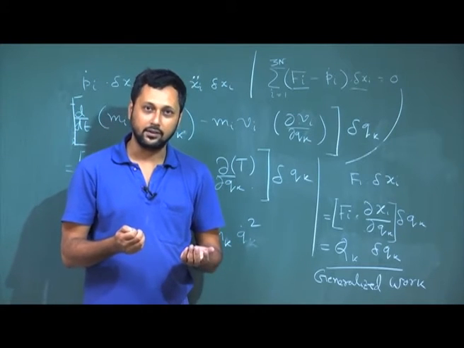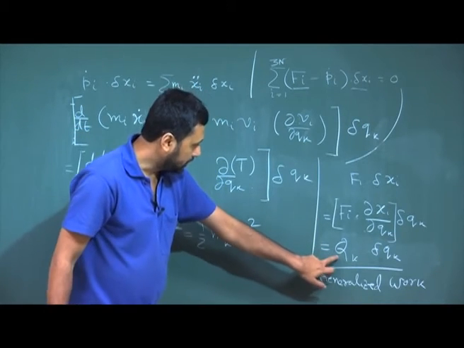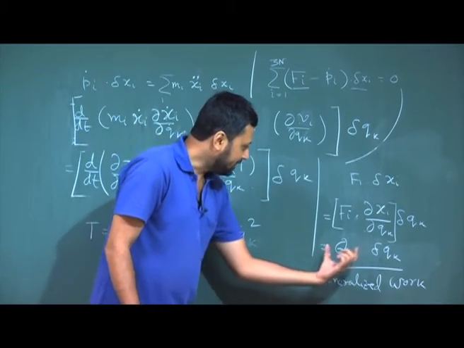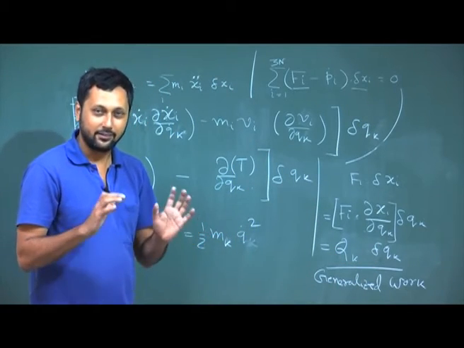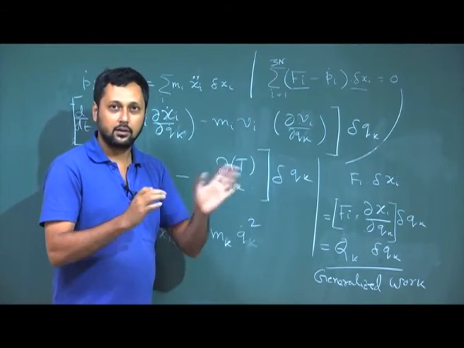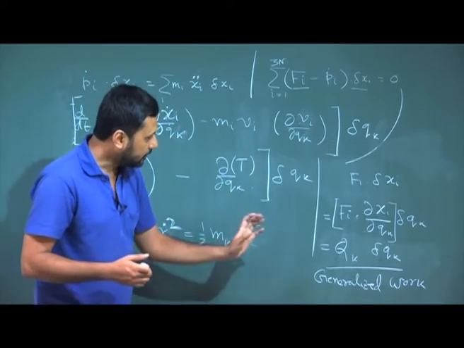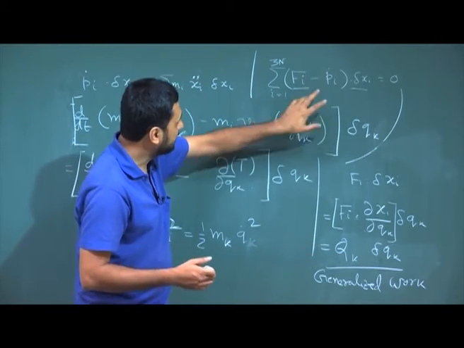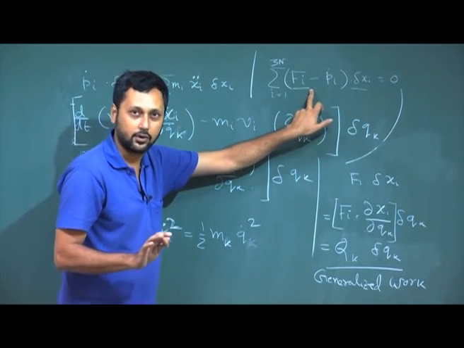Similarly, generalized velocities need not necessarily have the dimension of velocities, and generalized force, which is this term, need not necessarily have the dimension of a force. But the criterion is that the generalized work has to have the dimension of work. In real life, what is the dimension of work? It is force times distance, so Newton times meter, for example. So, generalized force has to have the proper dimension so that this equation, please remember, is a transformation of the same force equation we wrote in a standard Cartesian coordinate system.